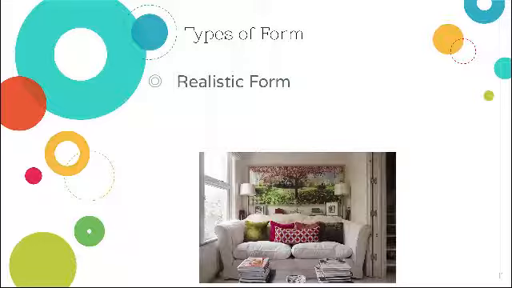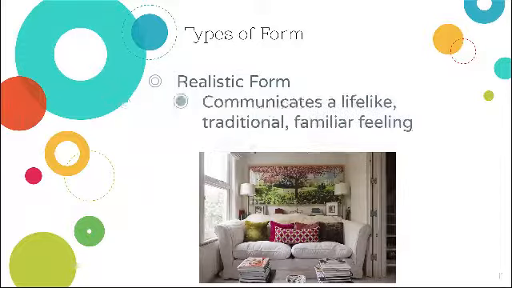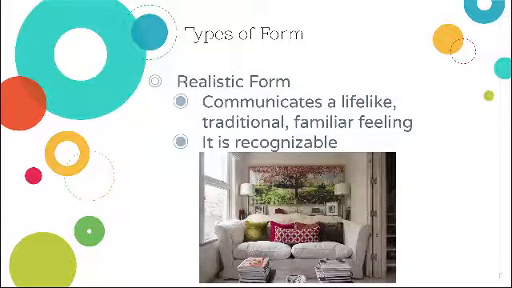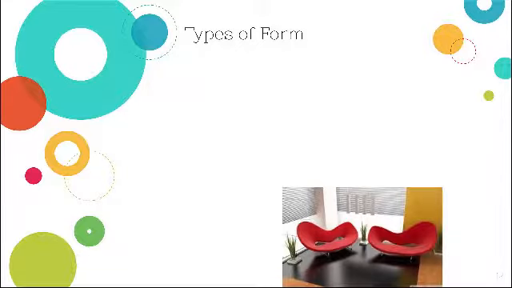You've got the lampshades, and everything is recognizable because a realistic form is that traditional, familiar feeling. It's something when you look at it, you know what it is. It's recognizable.